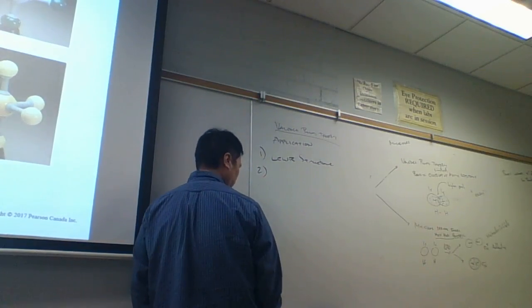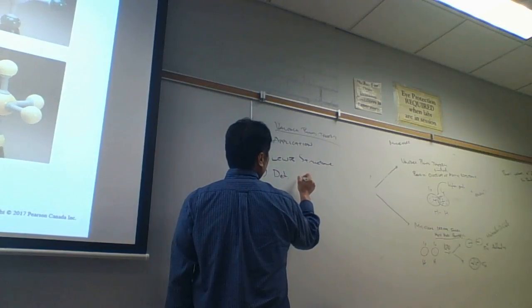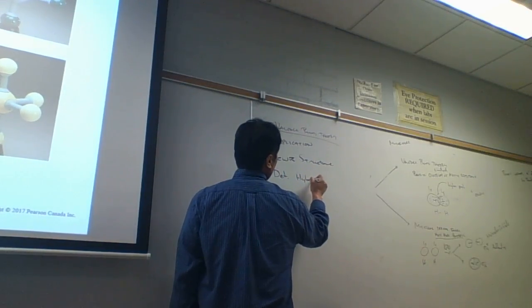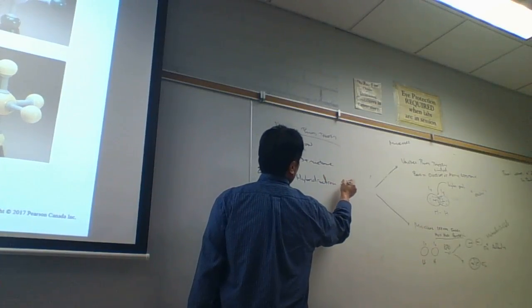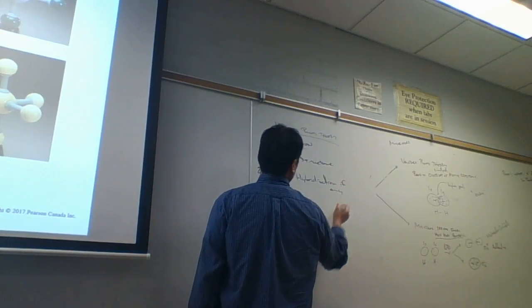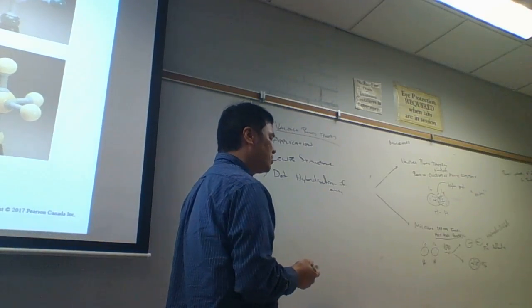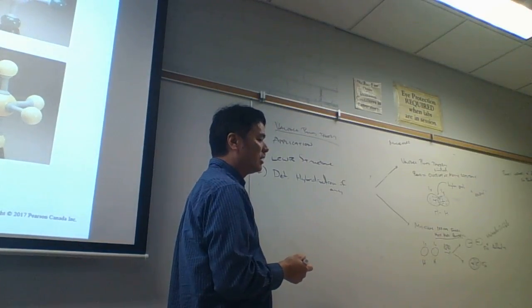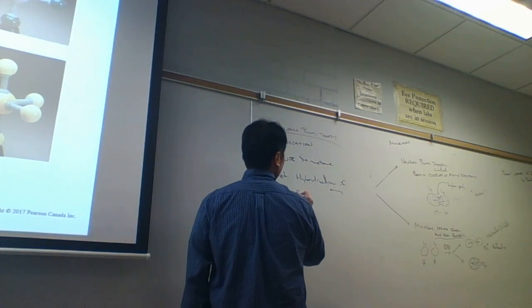Two, determine hybridization, if any. The way we determine hybridization is, for each atom, we look at how many groups of electrons.